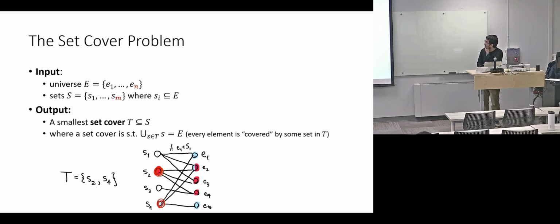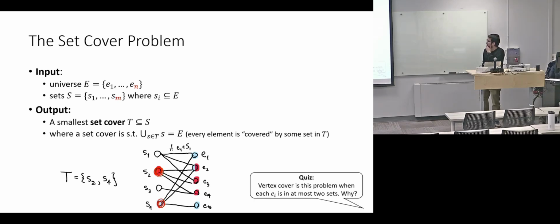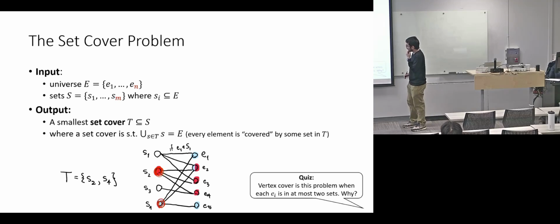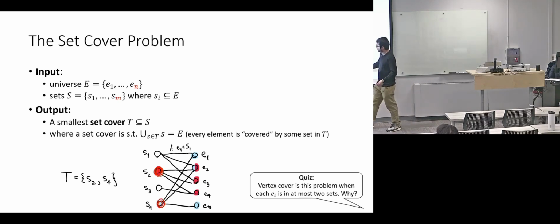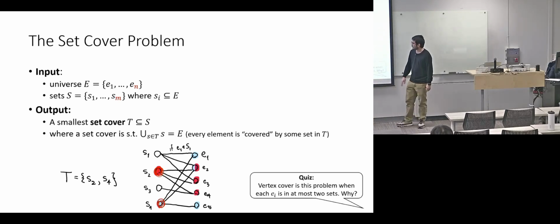By the way, this is actually a generalization of the problem of vertex cover that you have seen, because you can imagine that if each element here is contained in at most 2 sets, then actually it's a vertex cover problem. Can you see the correspondence?